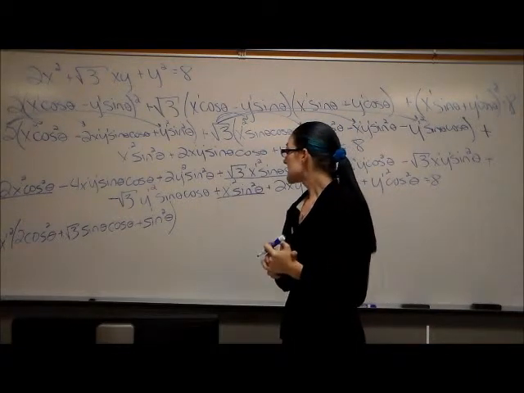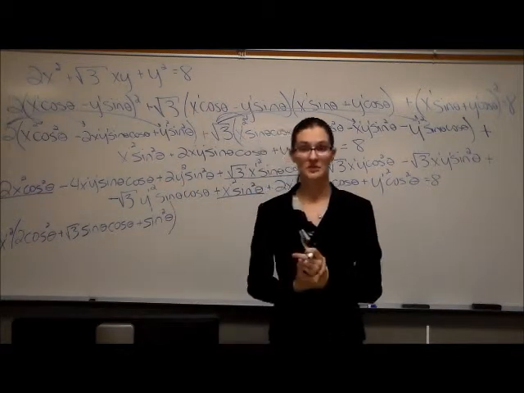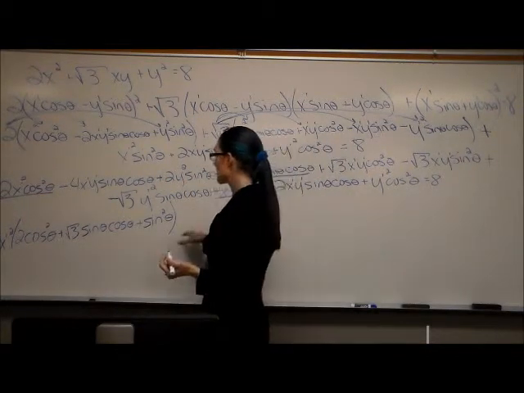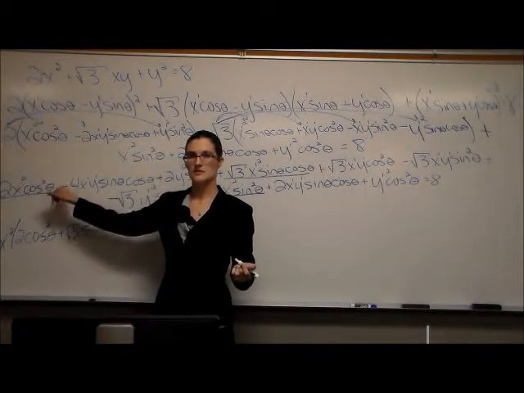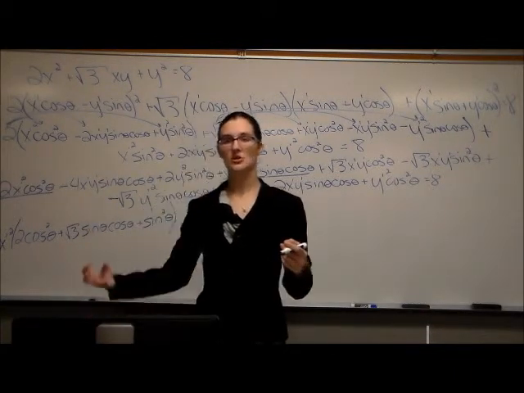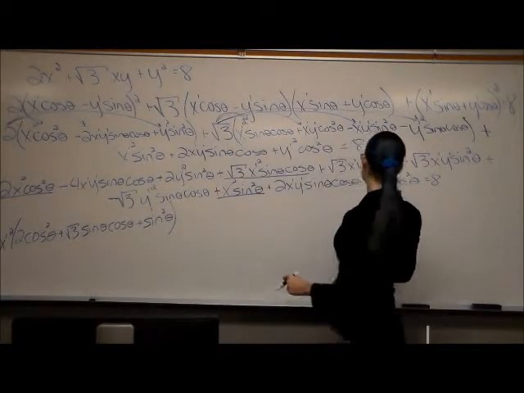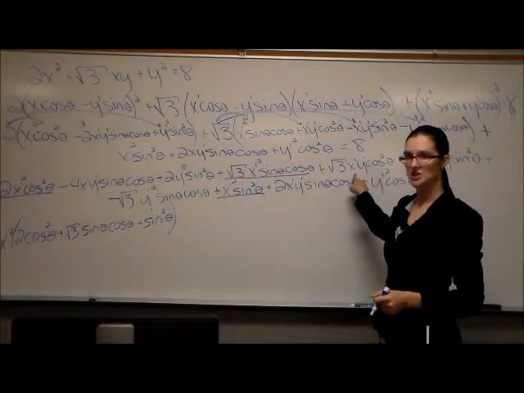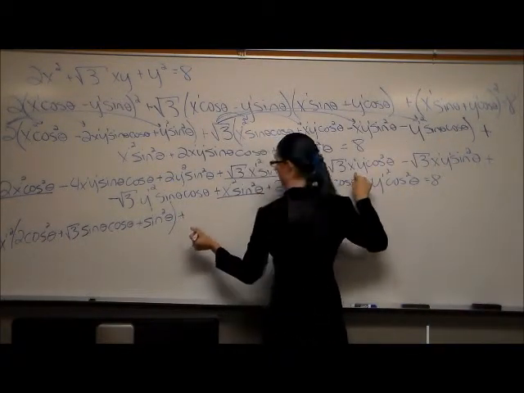Okay. Next, I'm going to deal with my x prime y primes, just because that comes next in the problem. The problem I'm running into is I don't really want to start with a negative one. So if I start with a negative, I'm going to have to factor a negative out of every single piece. So I'm going to skip this one and come back to it and start with the positive one. All it's going to do is change that first term and use your commutative property of addition.